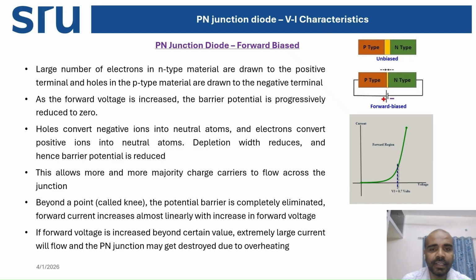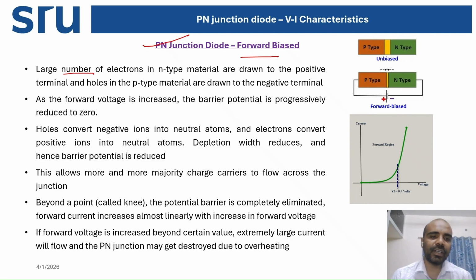So we will discuss the IV characteristics of the PN junction diode in forward bias condition and reverse bias condition, right? When the positive terminal of a battery is connected to the P region or the P side of a PN junction diode, and the negative terminal is connected to the N region, then it is called forward biasing, right?